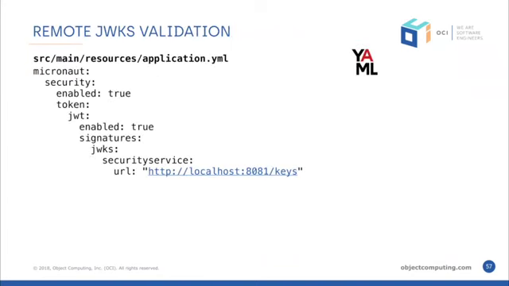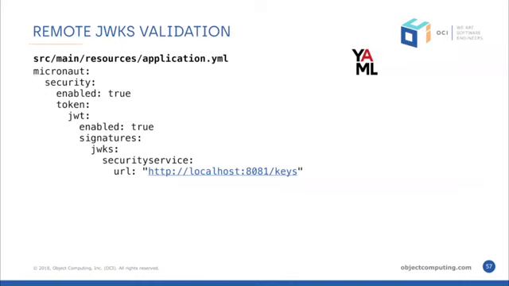It's also really powerful because if you have another microservice in your federation, we have remote JWKS validation. If you have one endpoint that exposes the public keys that should be used by the others in the federation, you can consume those public keys with this configuration. As you see, it's pretty easy. You basically create a JWKS signature, give it a name, and the URL where that particular endpoint is.